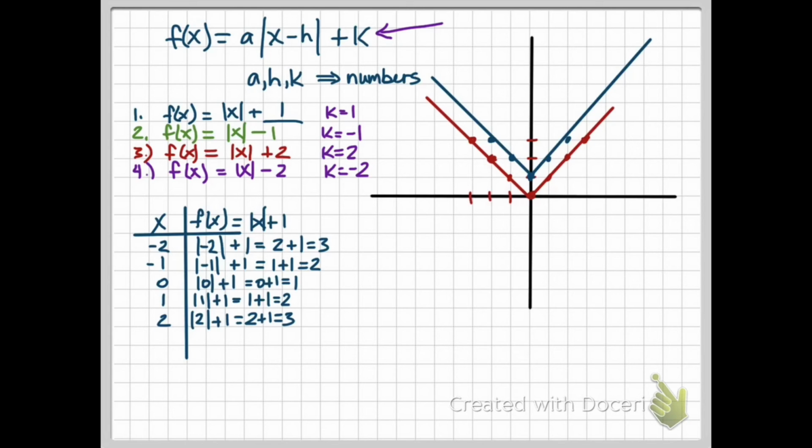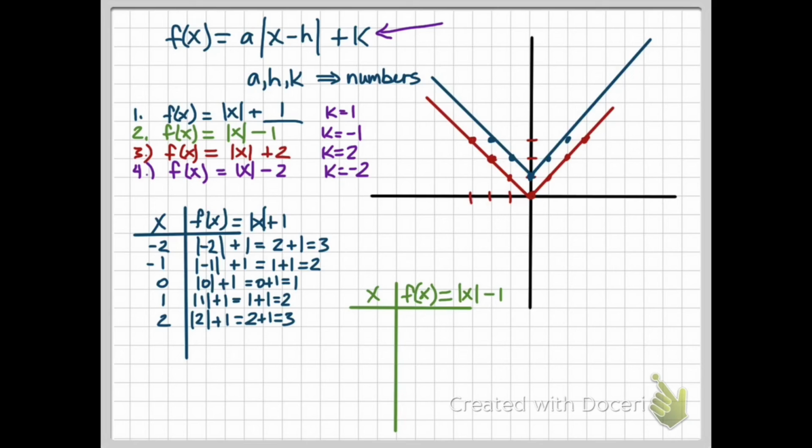So for your next one, we're going to make a little T-chart again. You're going to say this is your x. Your new f of x is now absolute value of x minus 1, right? Because that's the one that we came up with up at the top, where our k was a -1.